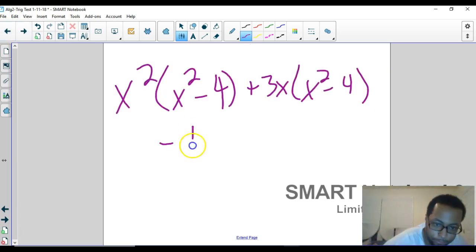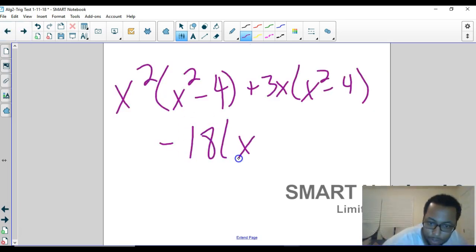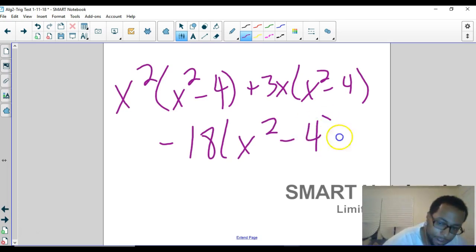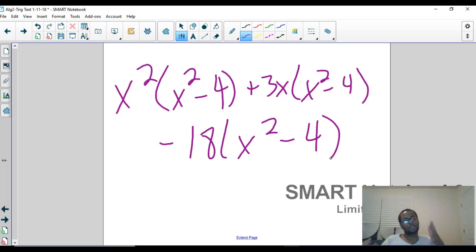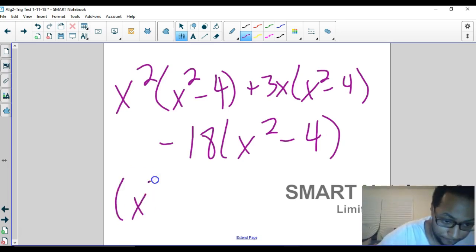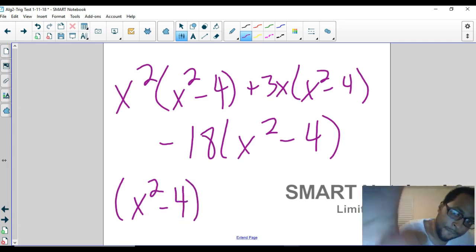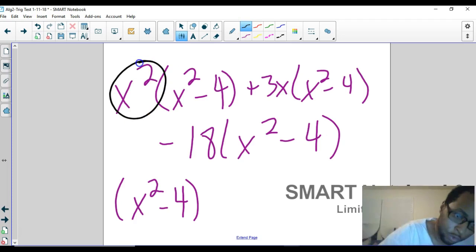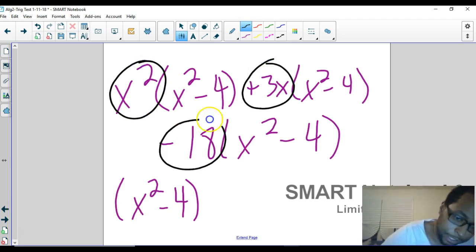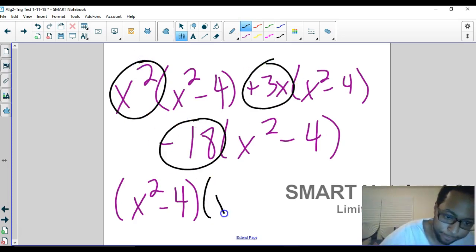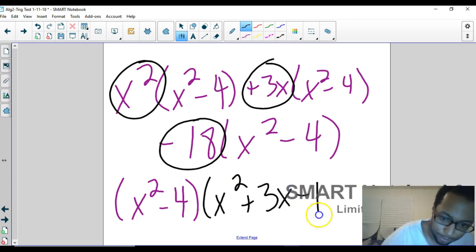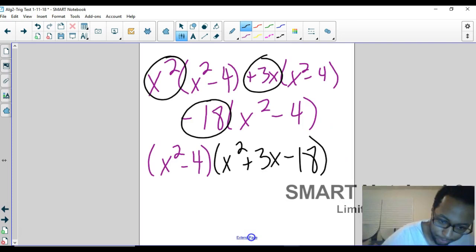Okay. So first thing you have to identify, guys, is the fact that x squared minus 4 has repeated itself 3 times. So you know that that is going to be one of your factors. Second, we're going to take this, this, and this, and put it into 1. Plus 3x minus 18. Okay.